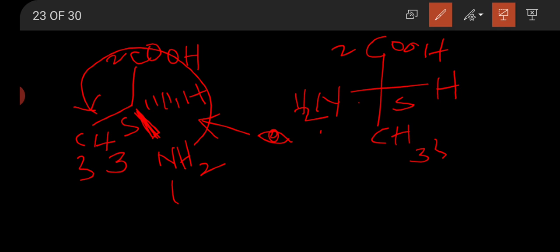Let's take another example. Lactic acid: COOH, CH3, OH on the wedge bond, and the dotted bond, that is the dash bond, is hydrogen.